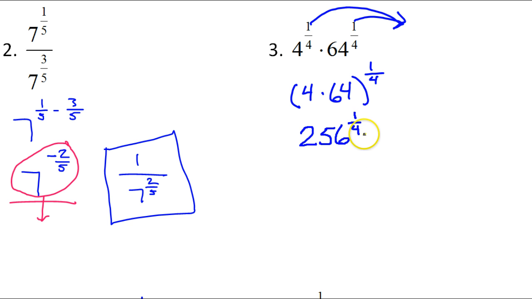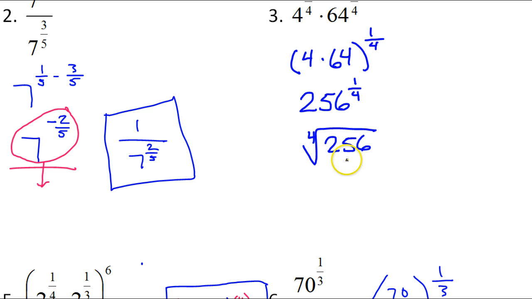Now, hopefully you have learned that 1/4 power is the same thing as the 4th root. Okay? When you have a fractional exponent, it is in the form power over root. And so this 4 is the root. So this is the 4th root of 256.